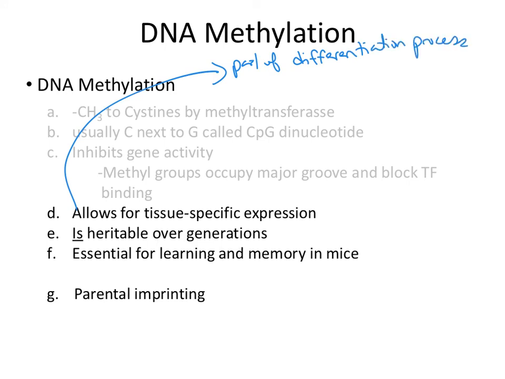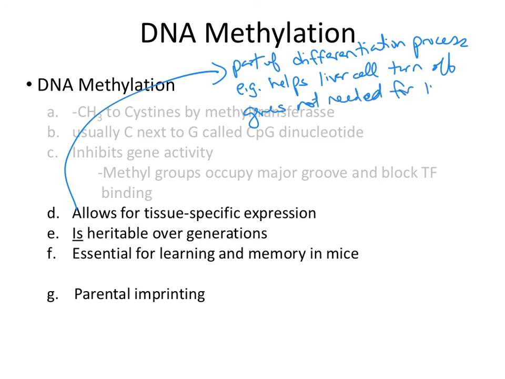That's going from an unspecialized, more stem cell-like cell to a more specialized cell with specific jobs. For example, it helps a liver cell turn off genes not needed for normal liver cell function.